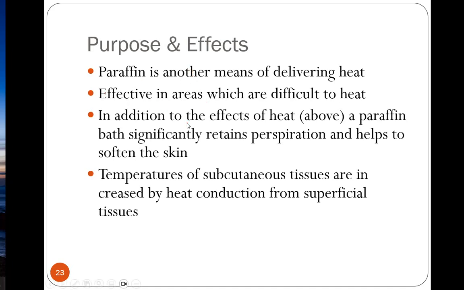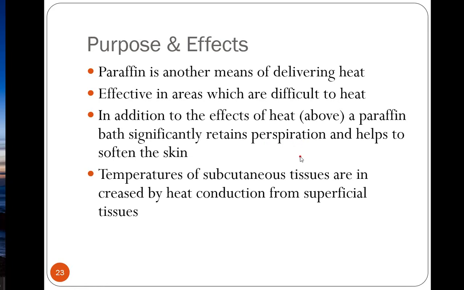In addition to the effects of the superficial heat, like we've talked about with hot packs, paraffin retains the perspiration really well. So the sweat is retained there, and it will soften the skin. There are also a lot of times mineral oils infused into the paraffin, so that will moisten the skin more than the regular hot packs.